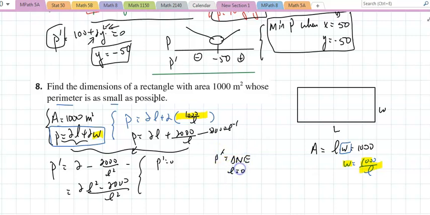You want to make it as small as possible, but don't create it at all, that's meaningless. And where does the top equal 0? That's 2 times L squared minus 1000 equaling 0. That's when L equals plus or minus the square root of 1000. Length can't be negative, so the square root of 1000.